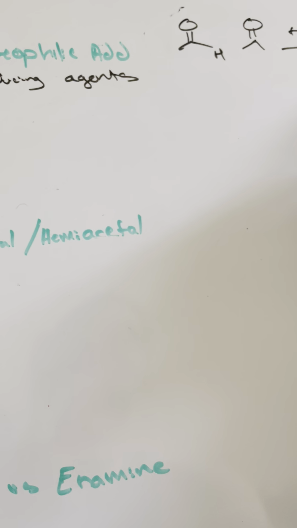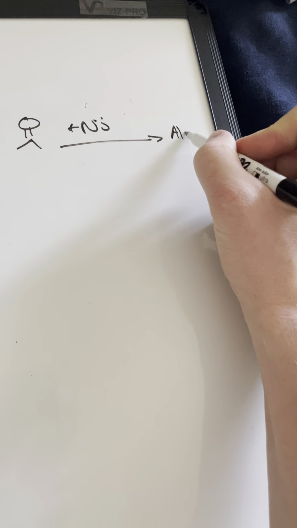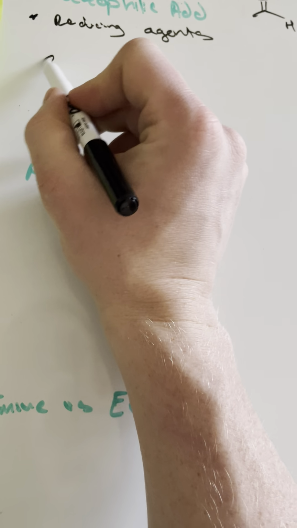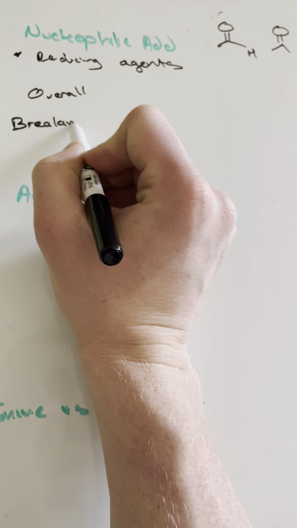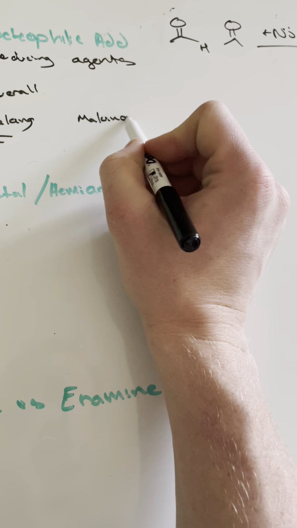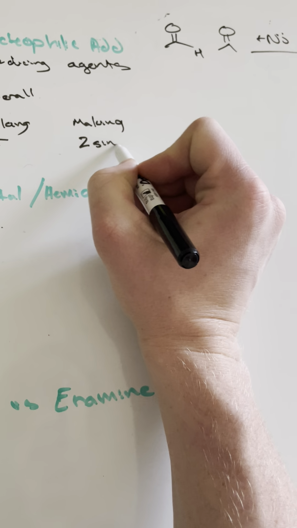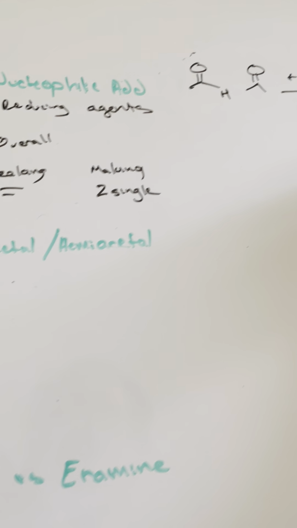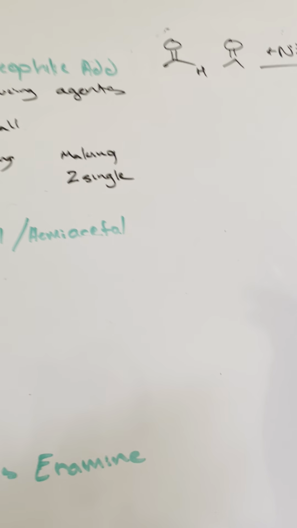And then this is going to make alcohols, right? And you'll see why in a little bit. But pretty much overall, you're going to be breaking a double bond and then making two single bonds. Plus, you're going to extend a little bit.